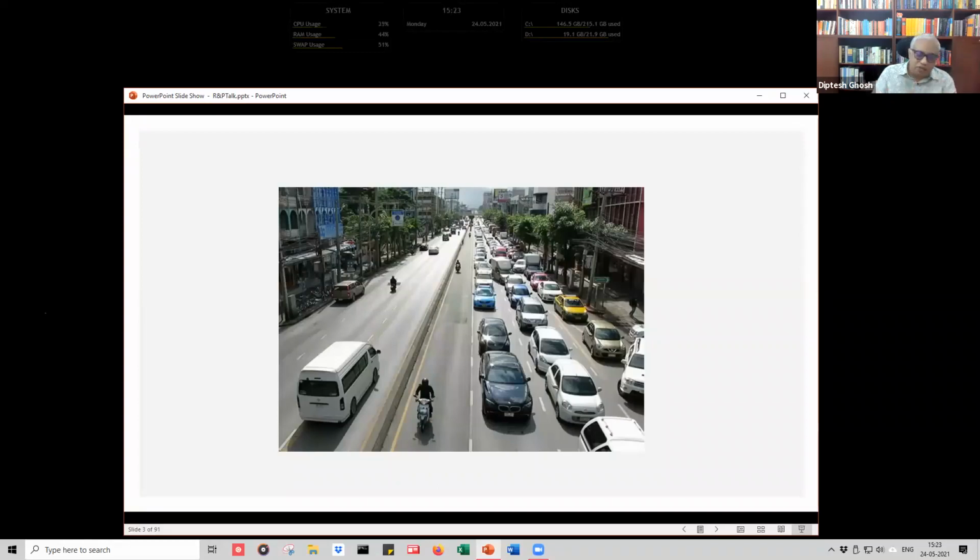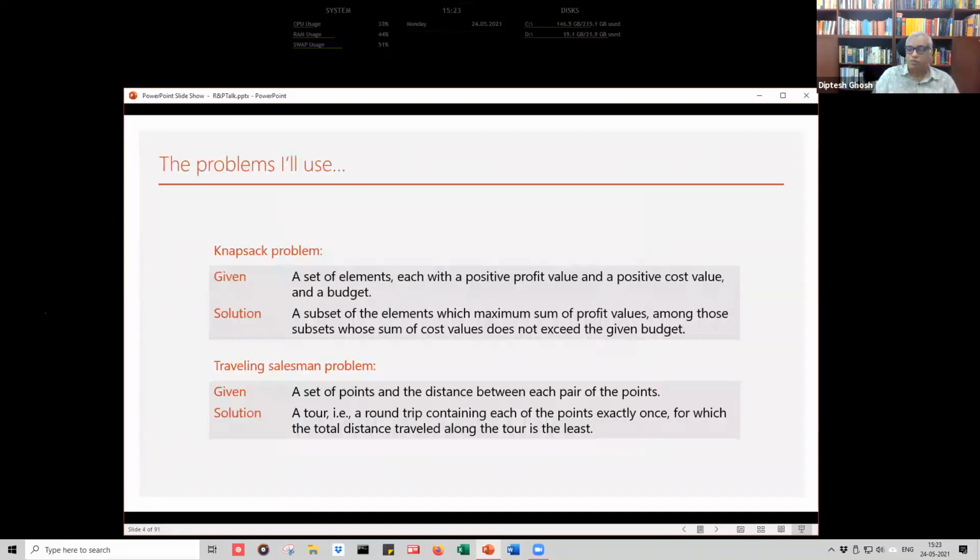So in the rest of my talk, I'll be talking about two types of problems, both of which are hard problems. One is the knapsack problem, and the other is the traveling salesman problem. So what is a knapsack problem? A knapsack problem is often described in a very interesting manner.